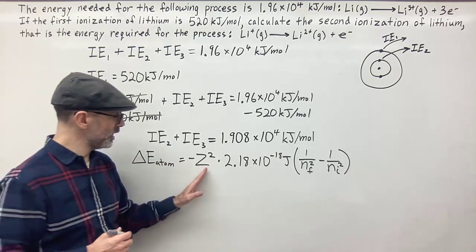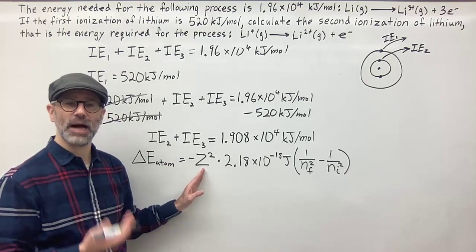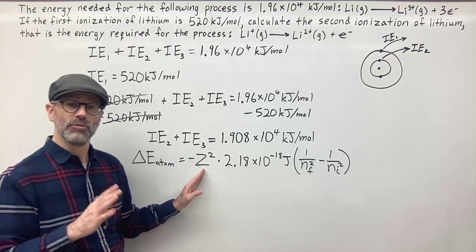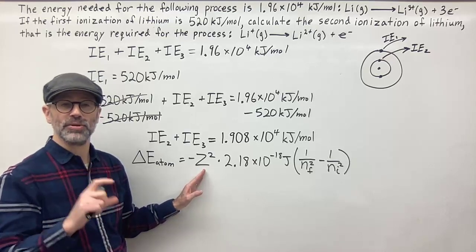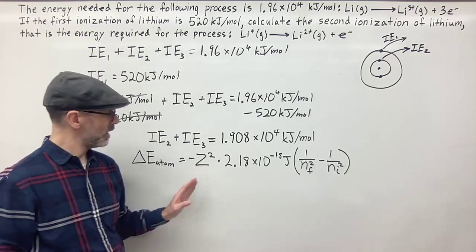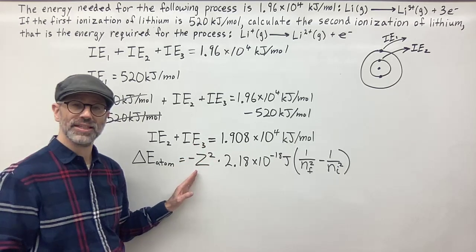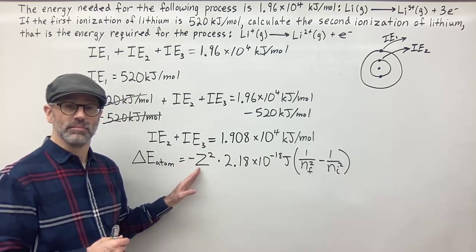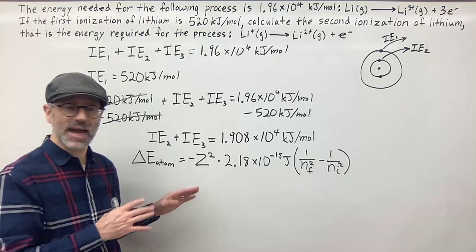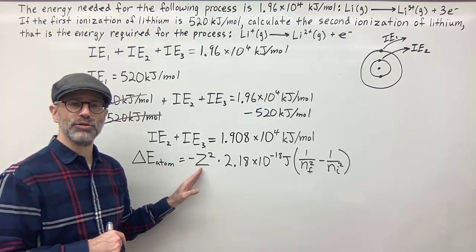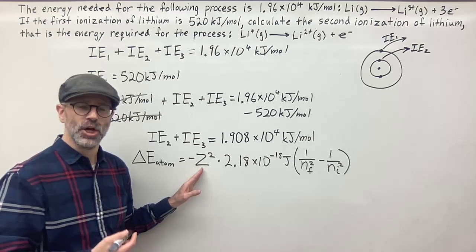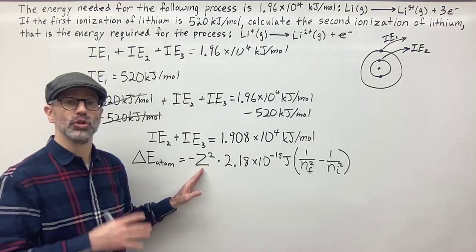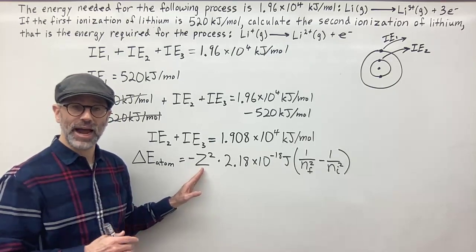So the Z here represents the atomic number. If you remember, the atomic number is represented by the letter Z. And so this is referring to the atomic number of your atom. Typically, but more exactly, this is referring to the effective nuclear charge, which is not always going to be equal to the total number of protons in your atom.